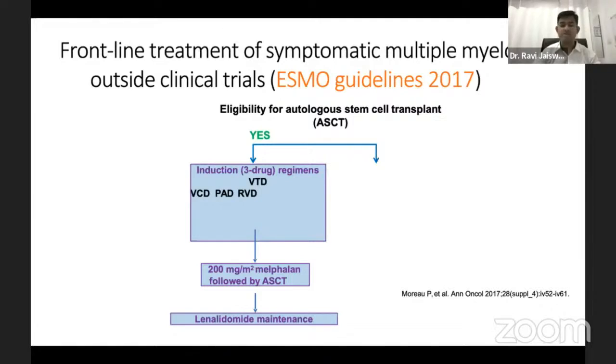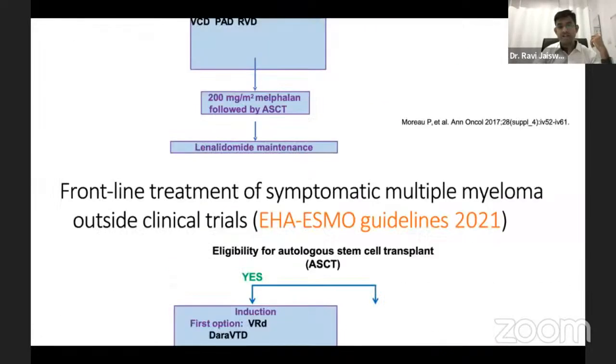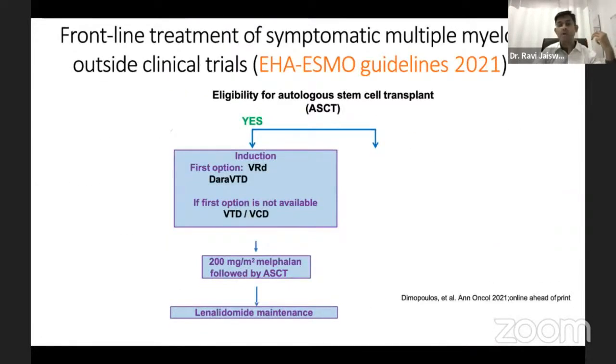And all these patients, after achieving a good response, were subjected to a stem cell transplant, and they were put on a lenalidomide maintenance. But now in 2021 guidelines, which come from the ESMO, they recommend the use of a monoclonal antibody even in the induction.